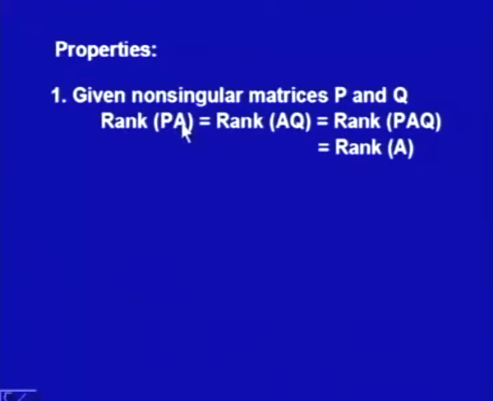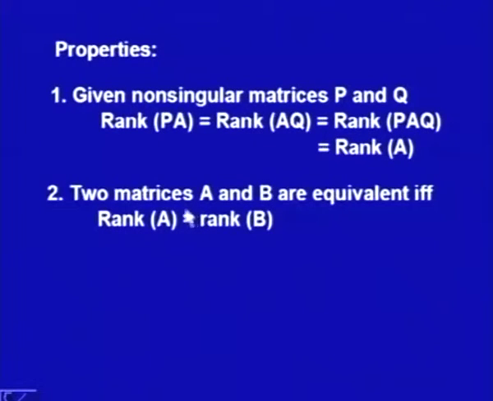So, P into A will have the same rank as A. Similarly, for the given matrix Q, rank of AQ will be the same as rank of A. Also, rank of PAQ is equal to rank of A.